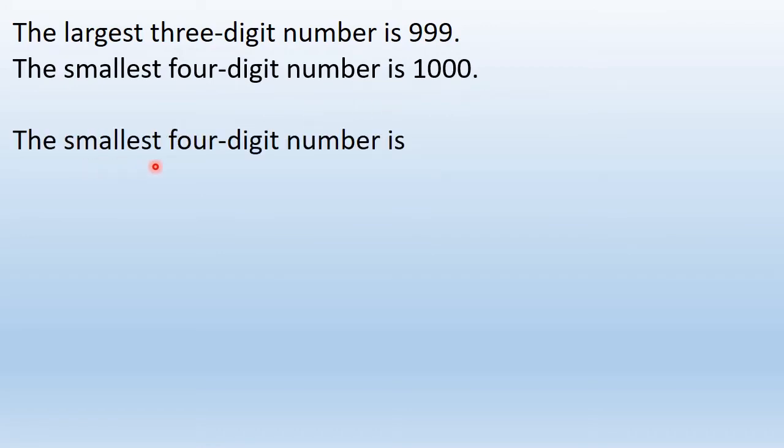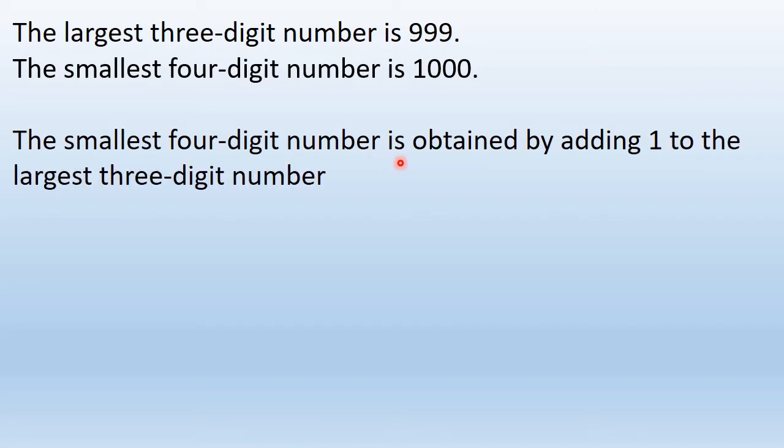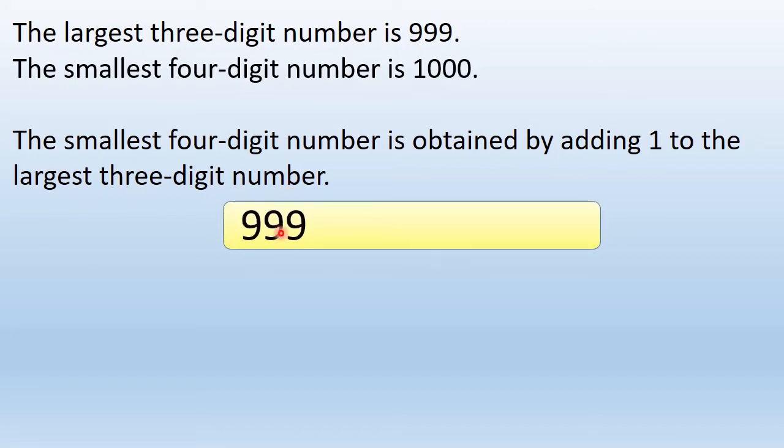The smallest four-digit number is obtained by adding 1 to the largest three-digit number, that is 999 plus 1 is equal to 1000. 1000 can be obtained by adding 1 to 999, which is the largest three-digit number.